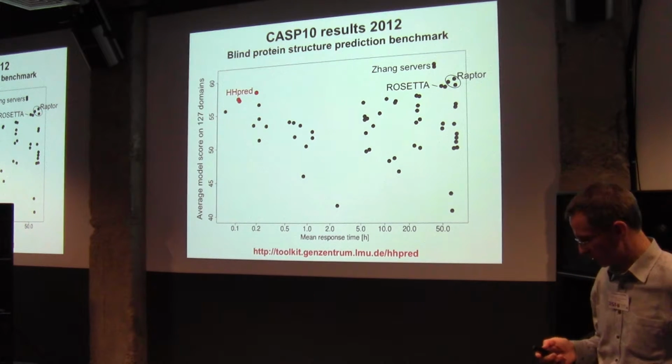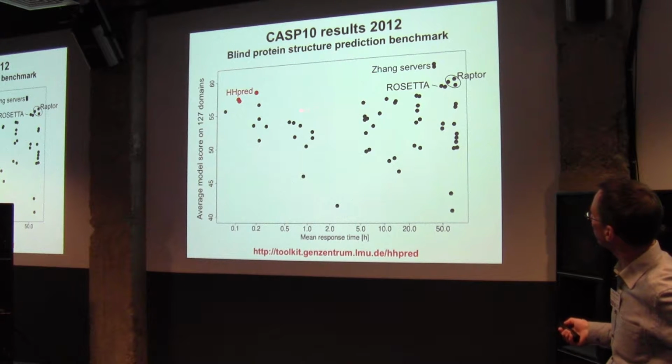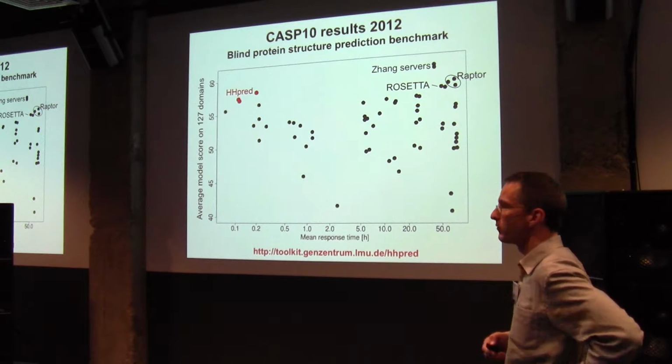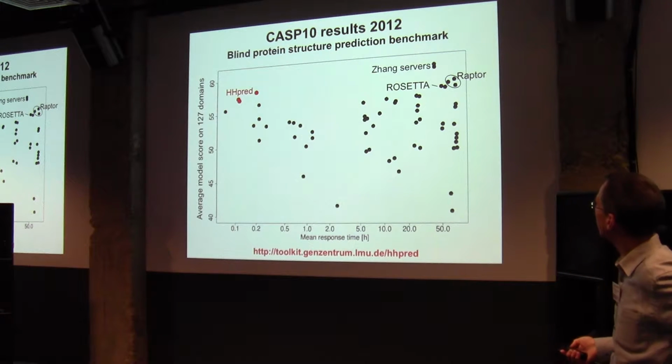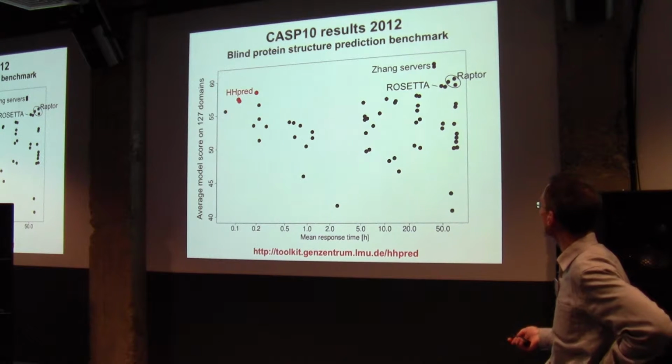We build the model with Modeller, but then we leave it at that point, and most servers take a lot of time going from there, building hundreds and thousands of models, clustering them, and so on, trying to find the best clusters.